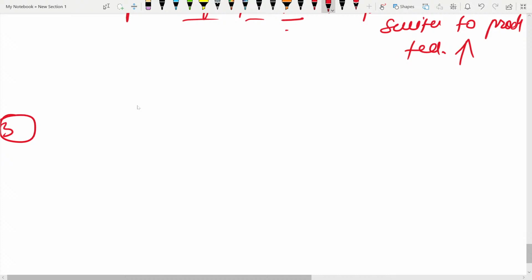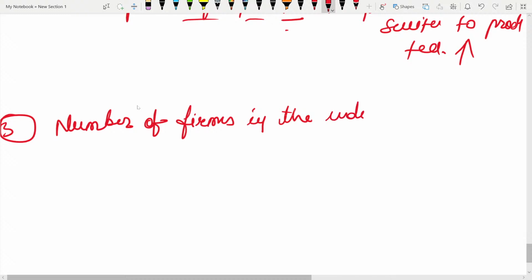Now, the third: the number of firms in the industry. How can we say that the number of firms determines supply?